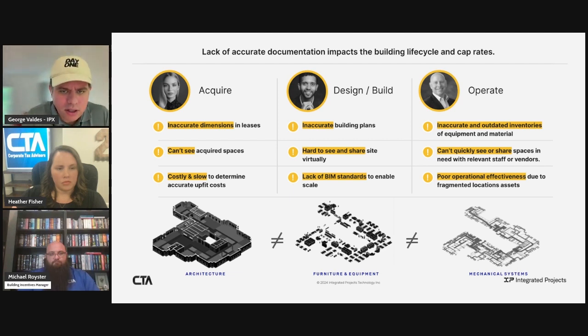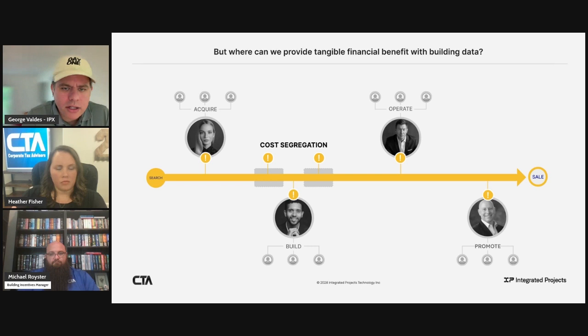It compounds. And so one of the things that we asked ourselves when we were embarking on this journey of understanding how we can connect this data to other valuable use cases was that we wanted to figure out something very tangible and meaningful for owners. Sure, a lot of these other use cases apply during the life cycle, but what's something that we can even take to the bank?